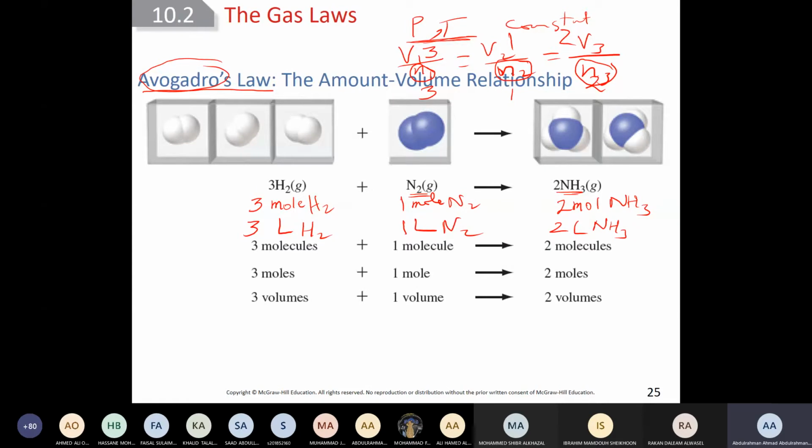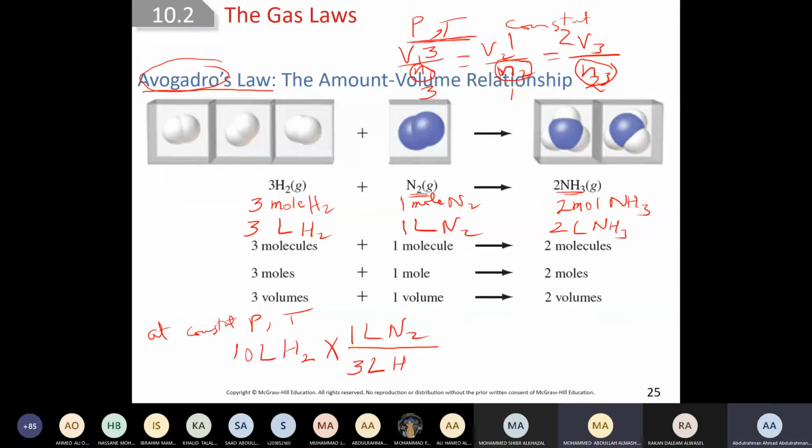I hope so. Good. Now, if I have 10 liters of hydrogen at constant P and T in this reaction, how many liters of nitrogen do I need to make the reaction complete? What should I do? Multiply by 1 liter nitrogen over 3 liters hydrogen.